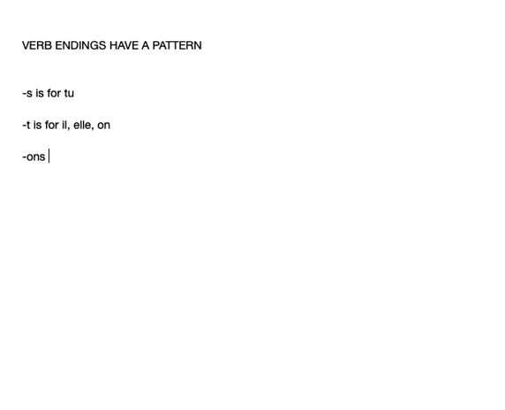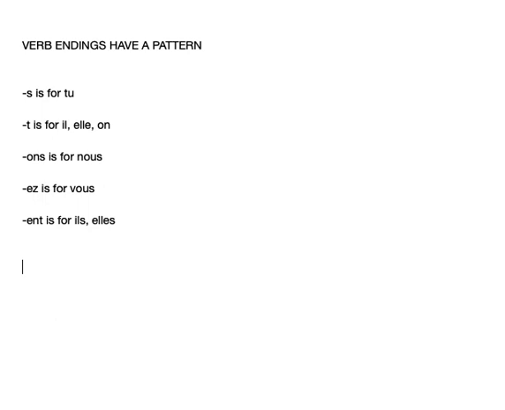ONS is for nous. Good. EZ is for vous. And ENT is for ils and elles. This is the plural. So these are the really generic terminations or verb endings that you need to remember.